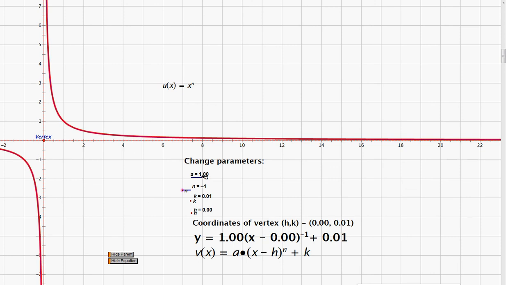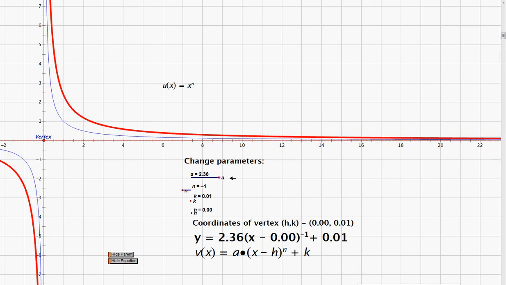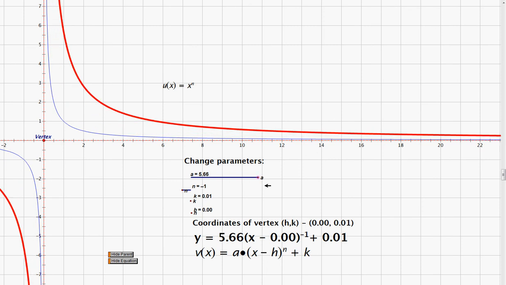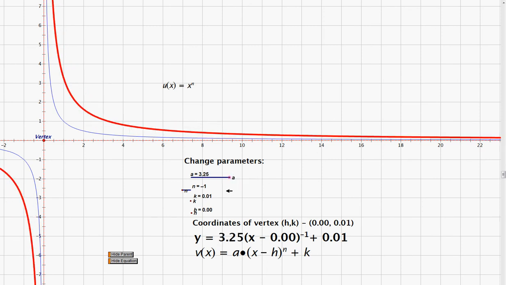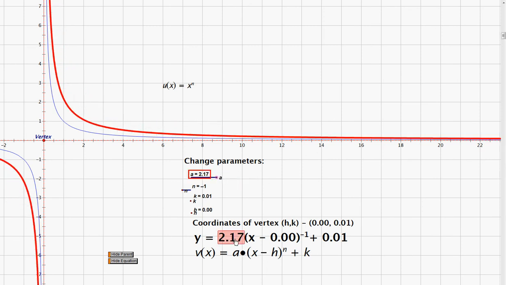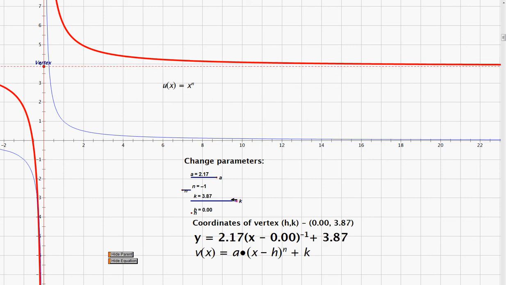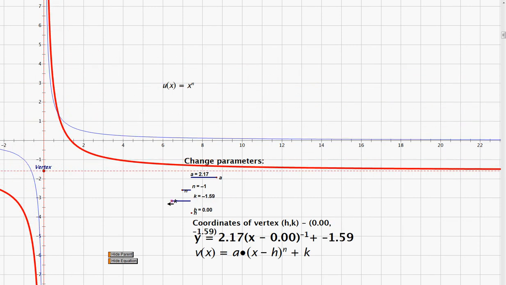let's see how you can play with its horizontal and vertical stretch. So this is your vertical stretch, reflected by this coefficient in the equation. Let's look at the horizontal, excuse me, this is vertical.